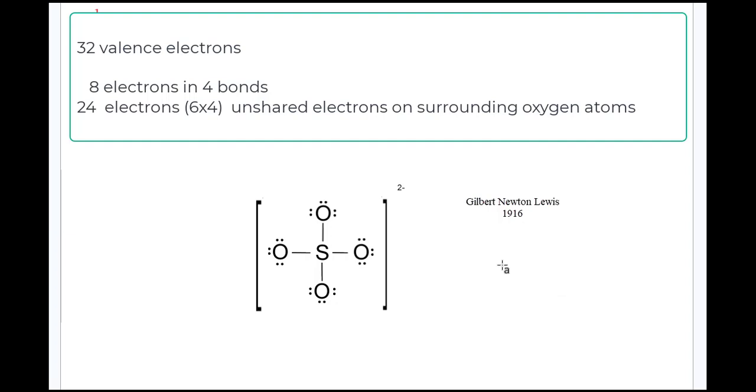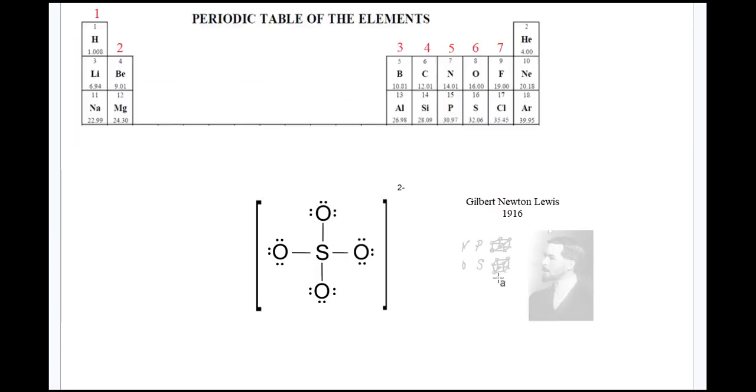If you were told to do the Lewis dot structure of the sulfate polyatomic ion, this would be an acceptable one. In fact, this is the one that Gilbert Newton Lewis, back in 1916, of Lewis dot diagrams, came up with.